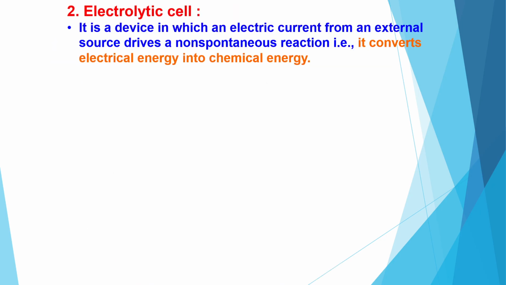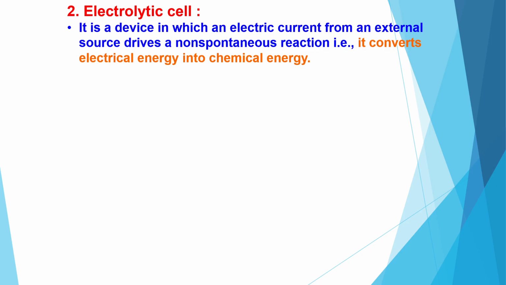Now coming to what an electrolytic cell is. Lysis means breaking. That means if we do lysis type of reactions with the help of electricity, it is called an electrolytic cell. And of course, as we are getting the help of electric energy, this particular cell has a reaction which is non-spontaneous.